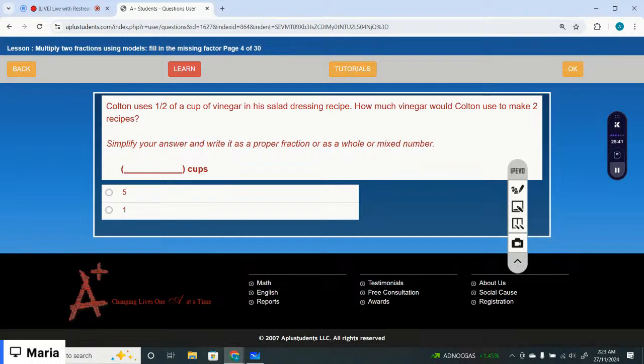No one is answering the questions. Why? The correct option is 1. 2 times 1 by 2 is 1.